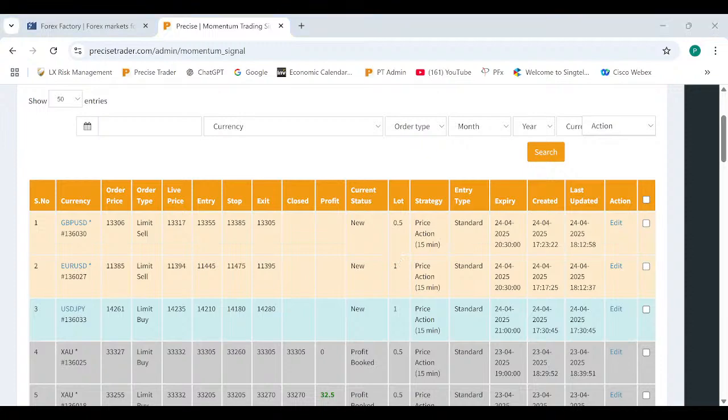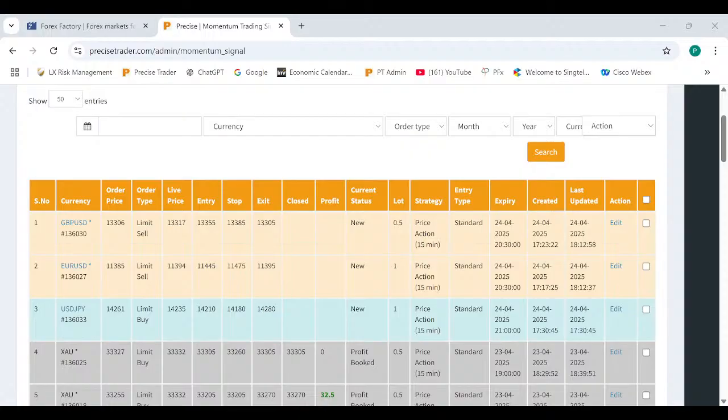Okay, so the dollar yen, I think this one we can reduce by 15 pips. Then the other trade also we would want to reduce by 30 pips.